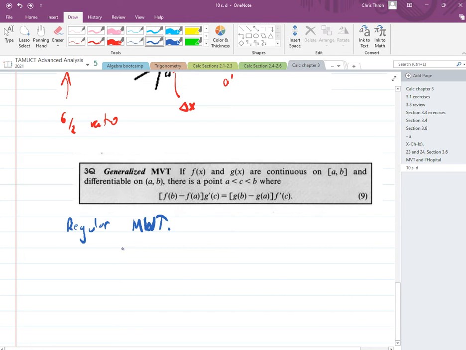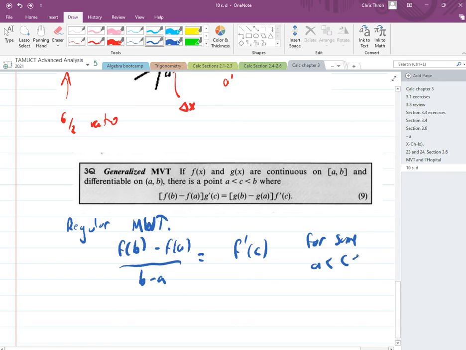The regular mean value theorem says that if I take f of b minus f of a over b minus a, that's equal to f prime of c for some c between a and b. All right. This is average slope, right? On the left-hand side is average slope. On the right-hand side, there's a derivative at some point in between.